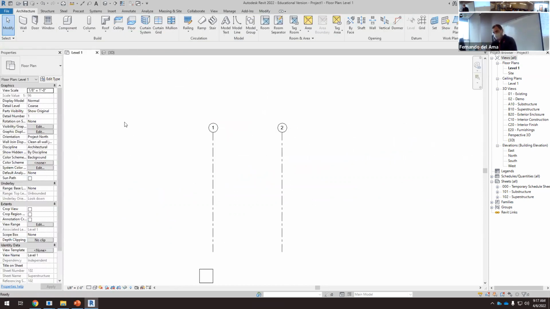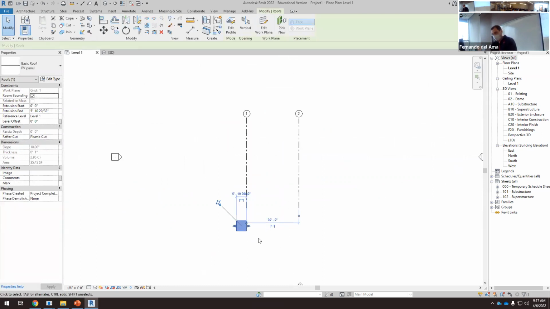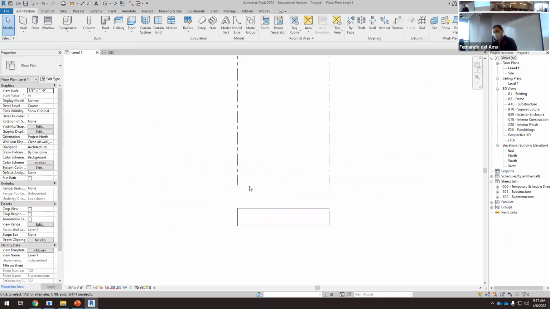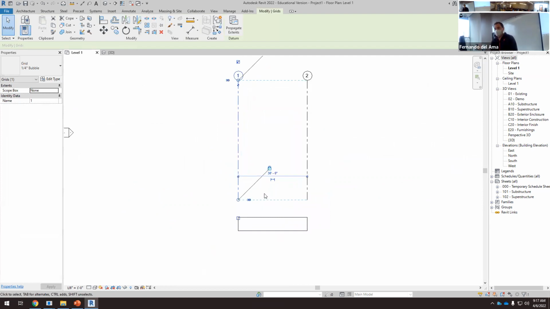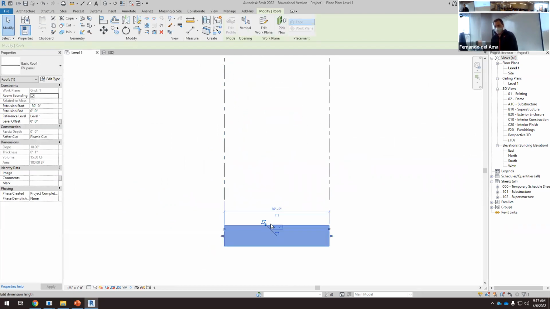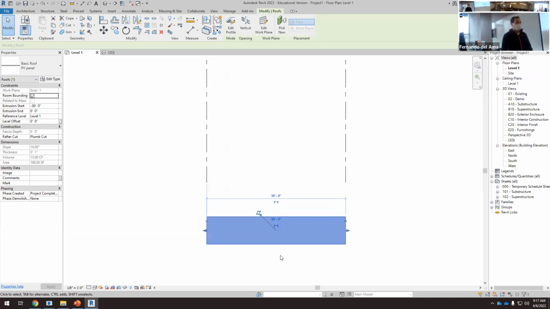So we have this, and then on level 1, I want to move this between these two grid lines so that the length is 30 feet. Okay, so we have a PV array whose length is 30 feet, and the size of the panel is 6 feet.